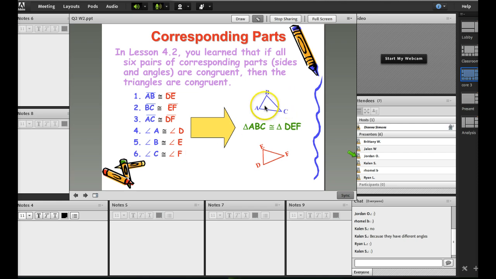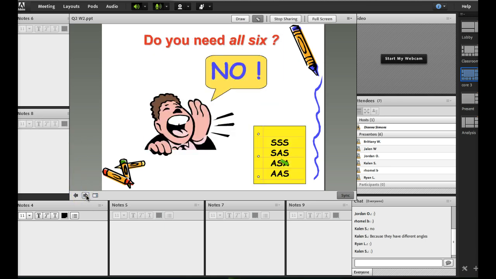So if you're looking at these 2 triangles, triangle ABC and triangle DEF, one thing that's important is to go around in the same direction that it tells you, A to B to C and D to E to F. So if AB is equal to DE, BC is equal to EF, and AC is equal to DF, and all the angles are congruent, then the triangles are congruent. Okay, do you need to know all 6?